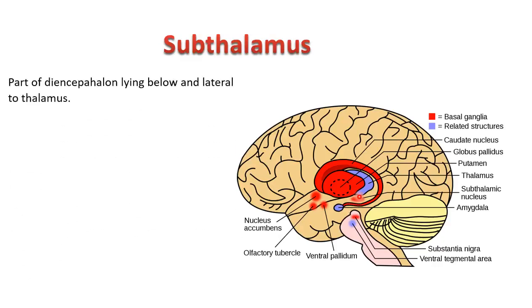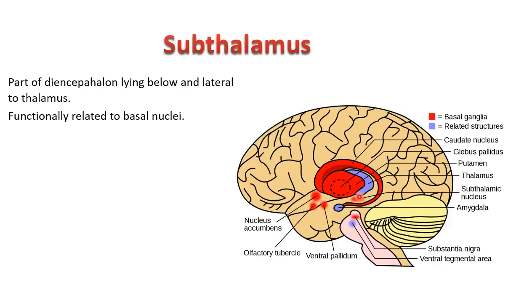Now the subthalamic nucleus is somewhat like a biconvex lens, and medially it merges or encroaches upon the hypothalamus, and it is separated from the thalamic nuclei by the zona incerta. It is actually separated by the zona incerta.